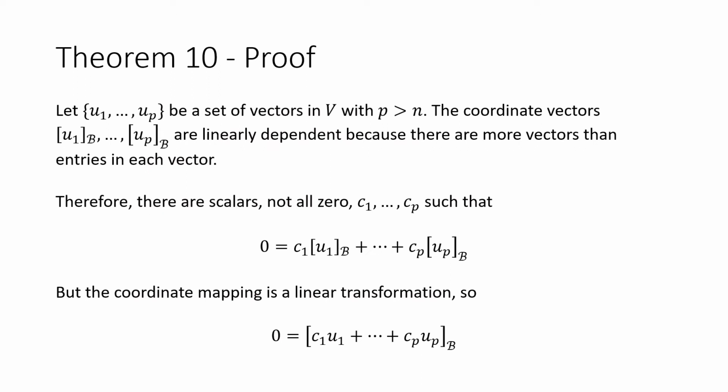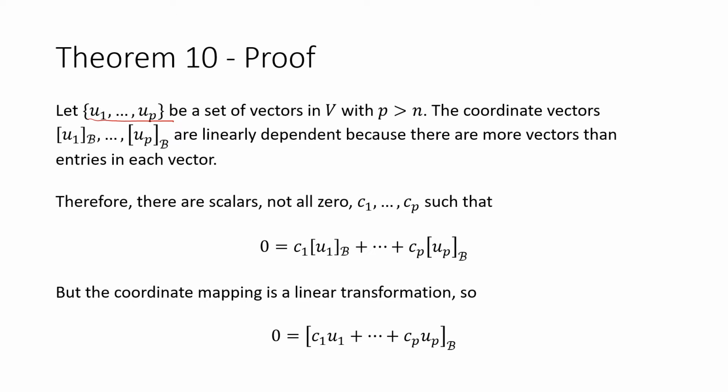And why is this? Well, let's just say that we have any set of vectors that's bigger than the basis. So we have a basis with n elements, and we have any other set of vectors with more than that.